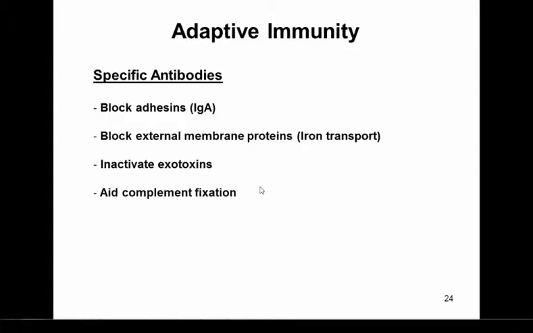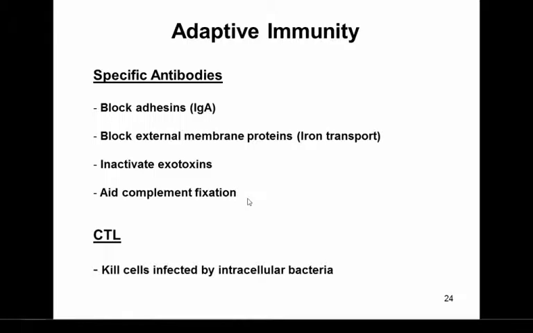And many antibodies specific for bacteria are effective because they will coat the outside of the bacterial cell. For example, those that are specific for capsule antigens can coat the outside of the bacterium, and that will help complement fixation and phagocytosis. So they allow the innate effector mechanisms to function.